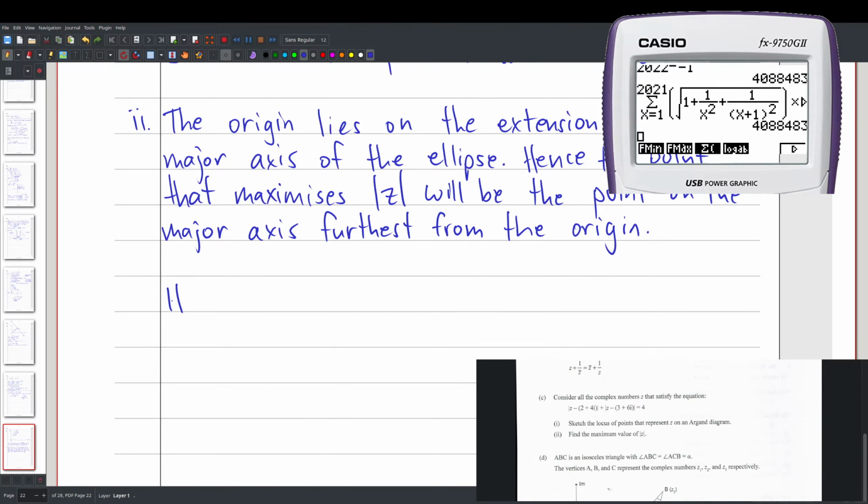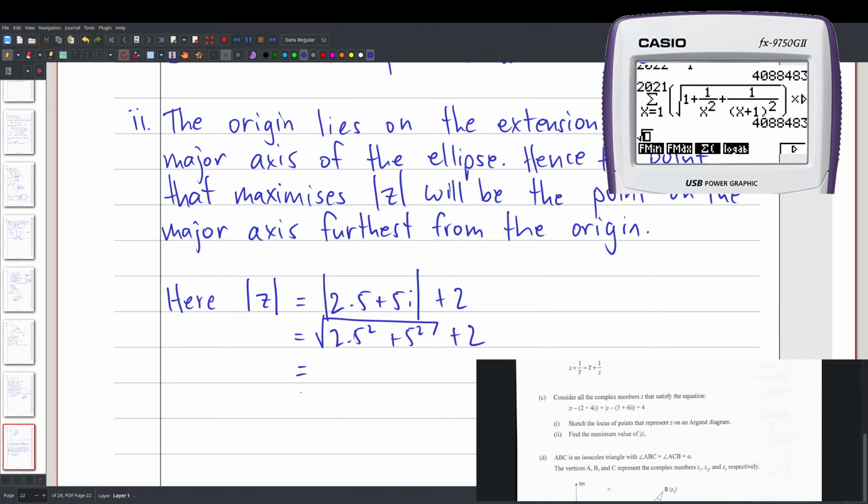Here, mod z is equal to mod 2.5 plus 5i plus 2, which is equal to the square root of 2.5 squared plus 5 squared plus 2, which is 4 plus 5 root 5 on 2.